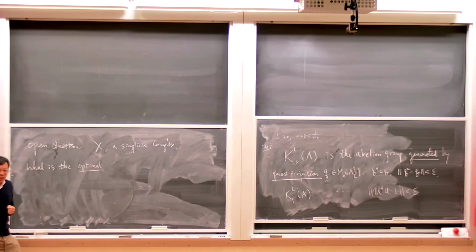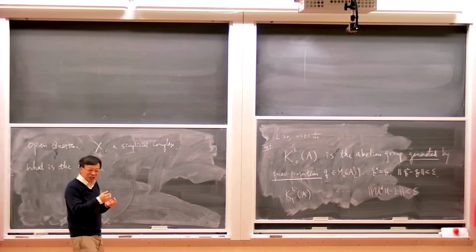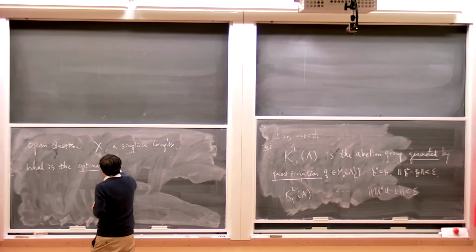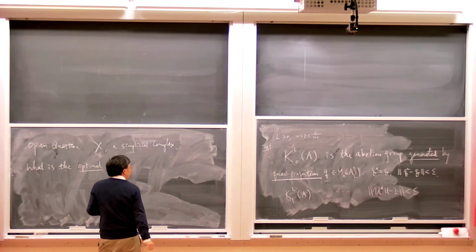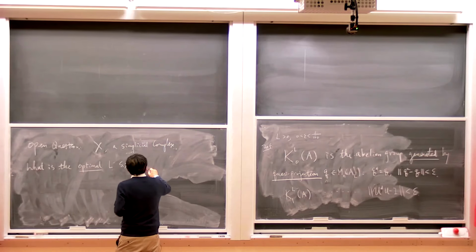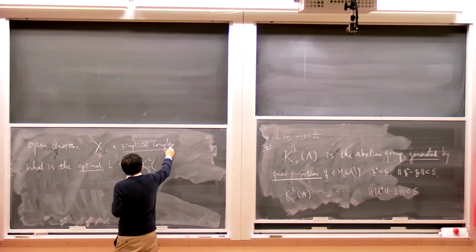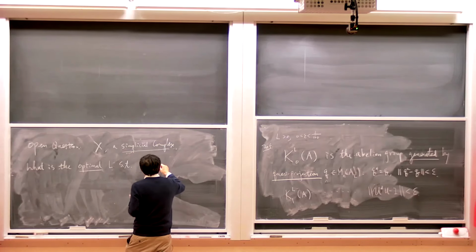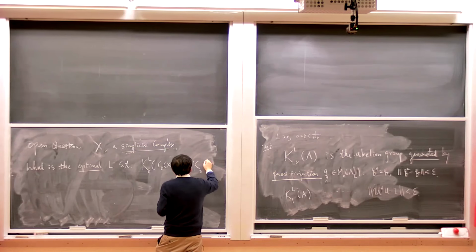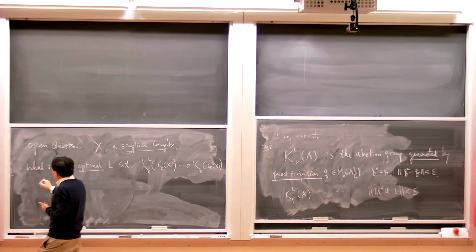I don't really insist, the best constant L such that... I mean, this is even open when it's just a compact or finite simplicial complex. Of course, there is a map to the usual K-theory, right? Such that this is surjective.